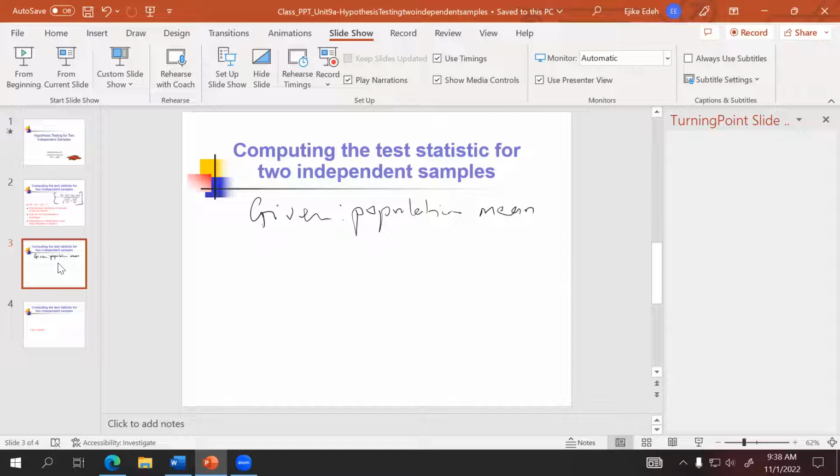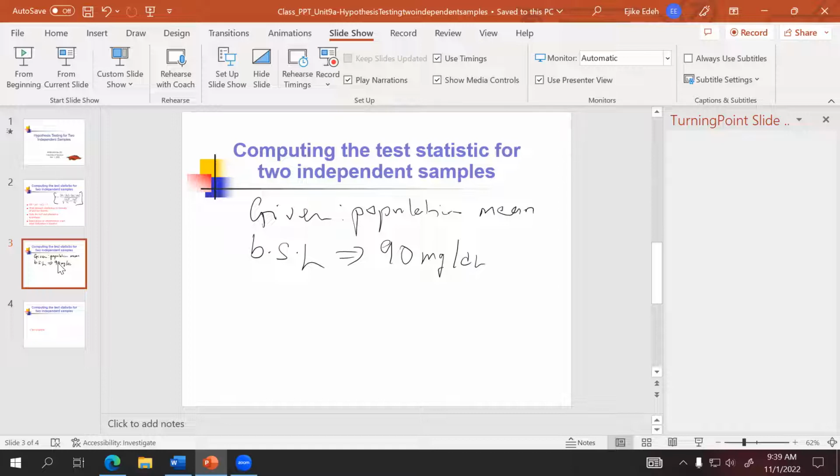So let's say in the population, the blood sugar level will be, let's say 90. I think it's measured in milligram per deciliter or something like that. That doesn't matter. So let's use this as the population value.